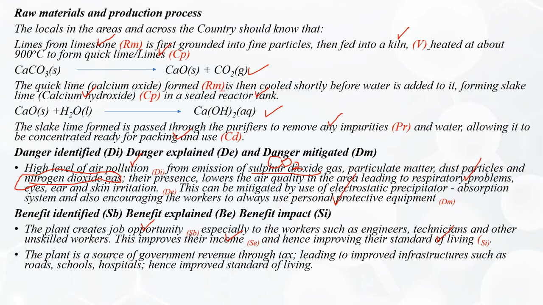Very good. You get all the 3 points. Then you can have source of government revenue. Source of government revenue, that is a benefit, effect, infrastructure, and then improved standards of living. But as you said, we just need only 1 point and we get all the scores.